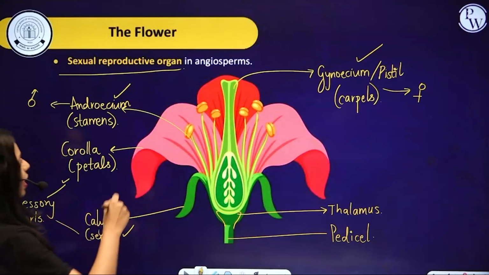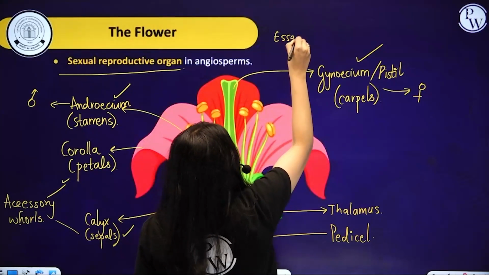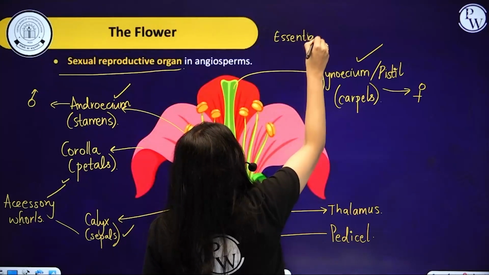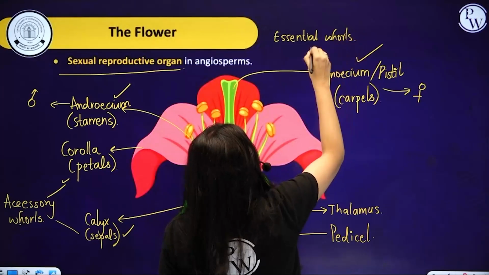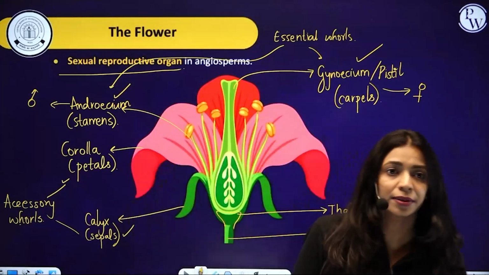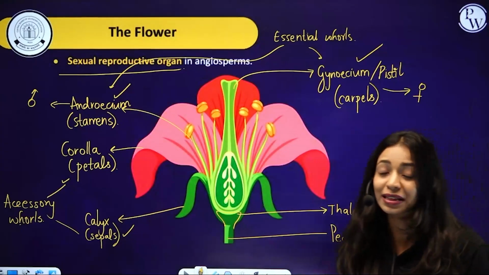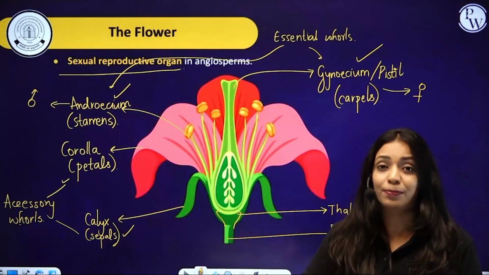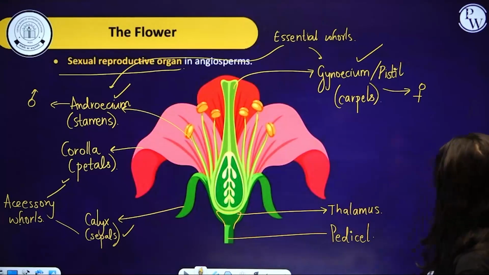And we call androecium and gynoecium as essential whorls. All right. Going forward in this lecture, we are going to be learning individually about sepals, petals, androecium, gynoecium.